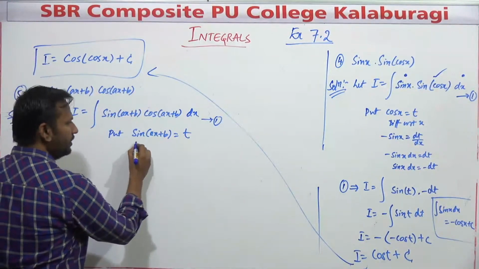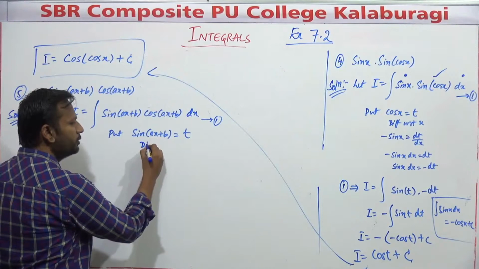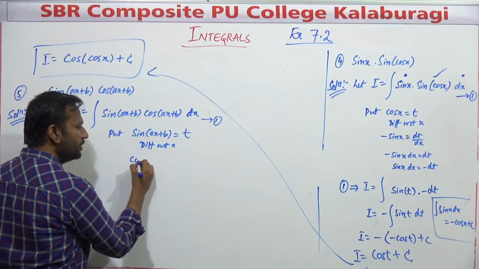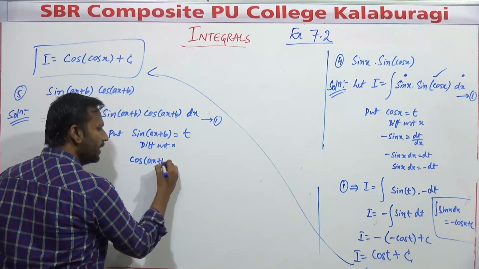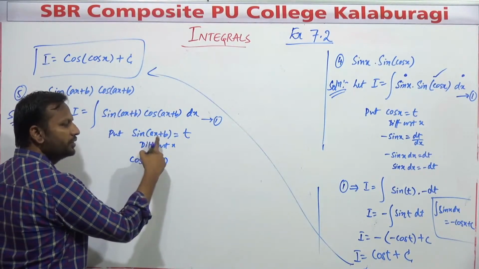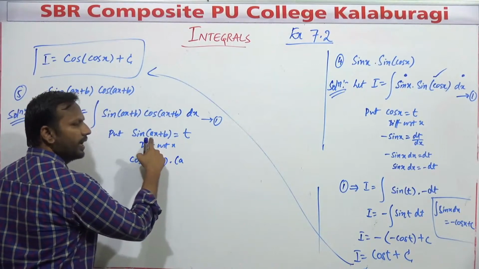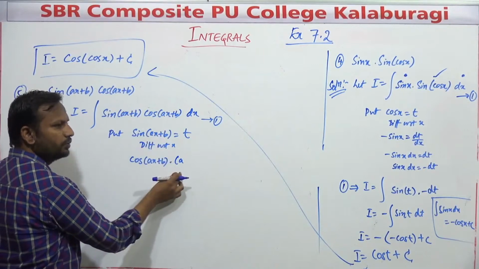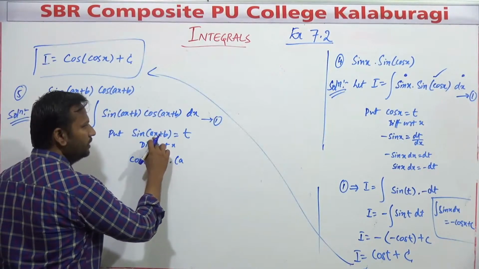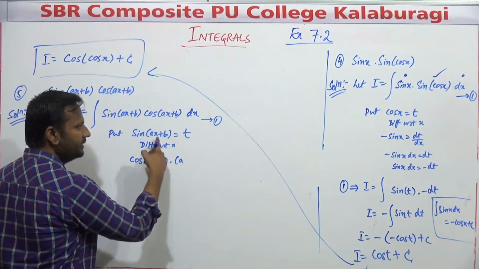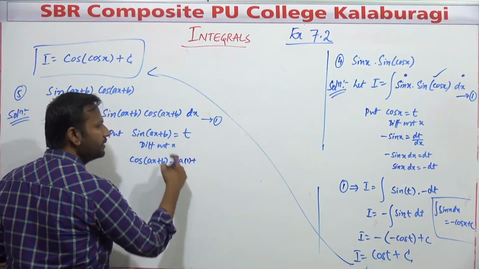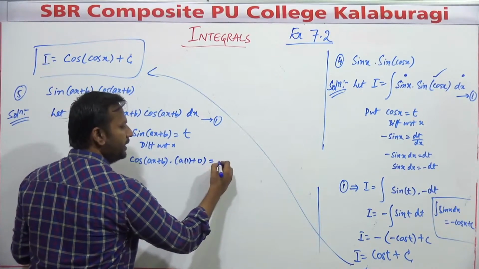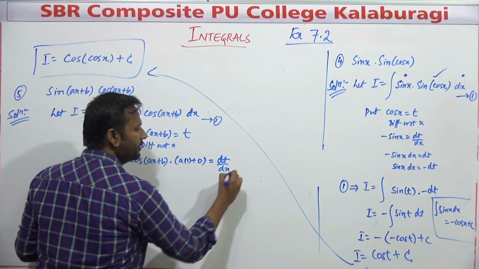What happens? Differentiate with respect to x. Sin differentiation is cos of ax plus b. Again, it is a composition form, so by the chain rule, sin x is cos x, and then the inner function differentiation. Inside the function, a is a constant as it is, x differentiation is 1, plus b differentiation is 0. This is equal to dt by dx.